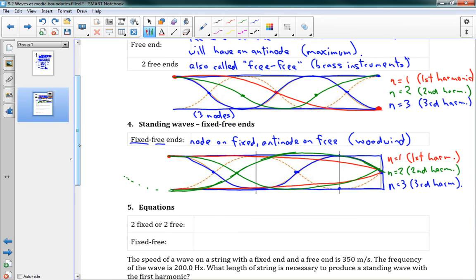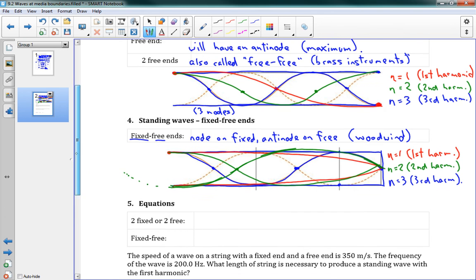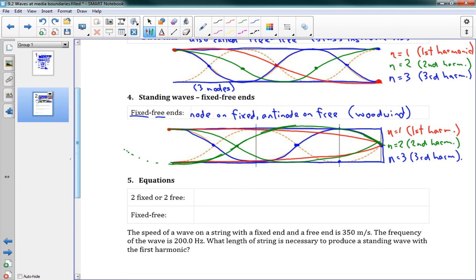Whereas for two free ends, the red guy needed to have one node in between, because it went from an antinode to an antinode. It needed to go through a node. It needed to go through that middle point once. And finally, for a fixed free, it didn't need to go through a middle point, didn't need to go through a node. So we have different situations here.